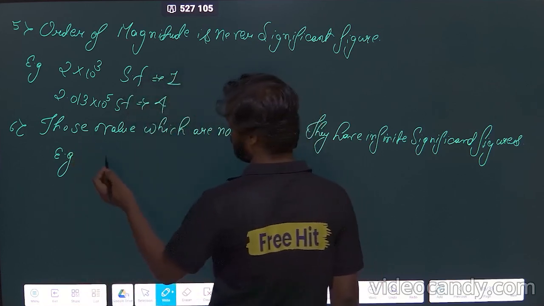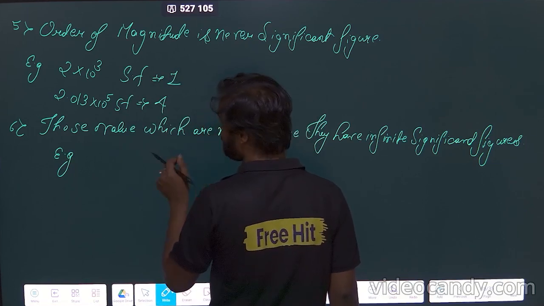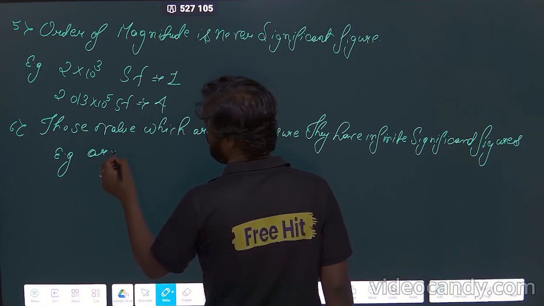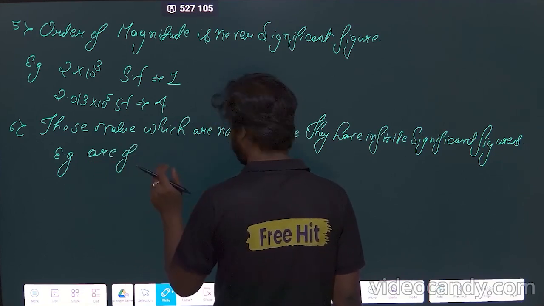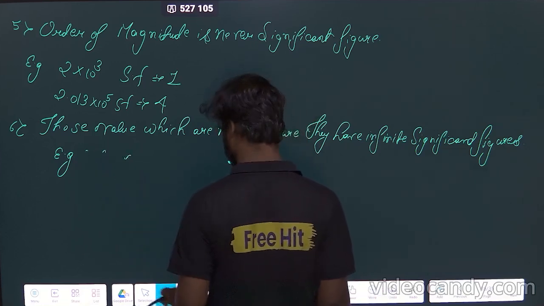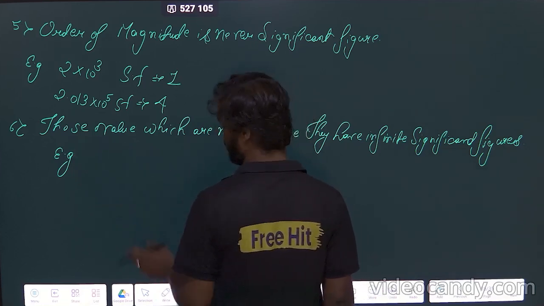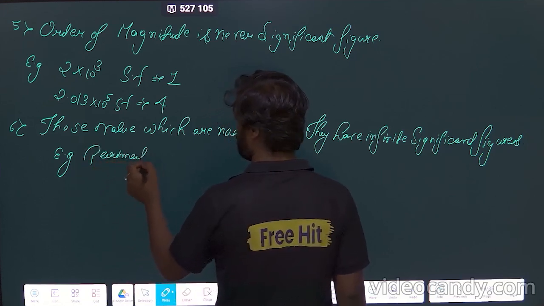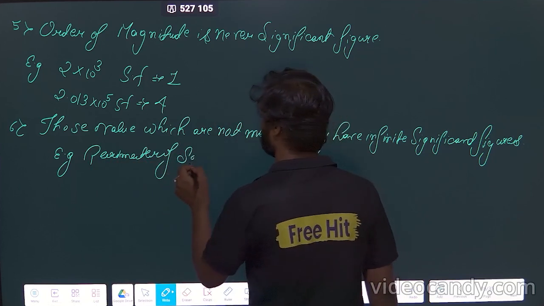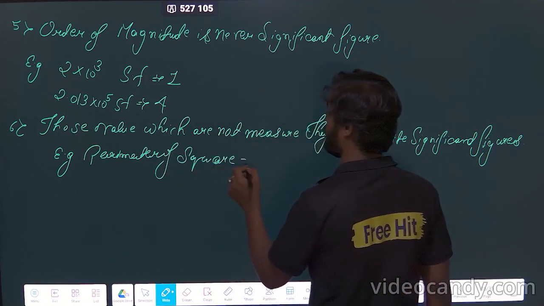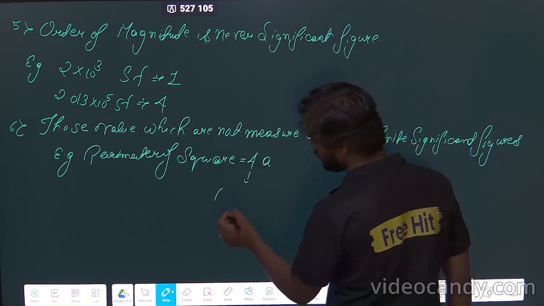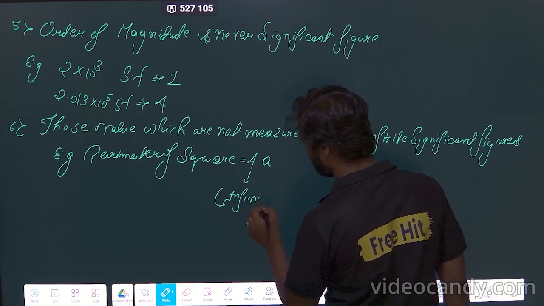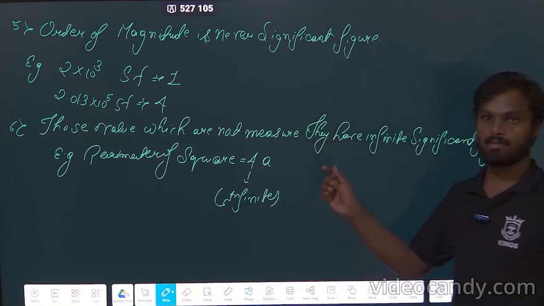For example, you can take the perimeter of a square. What is the perimeter of a square? That is 4a. So here this 4 has infinite significant figures because it is a fixed value. It is in the formula. It is not measured by some instrument. This is in the formula, so that will be infinite significant figures.